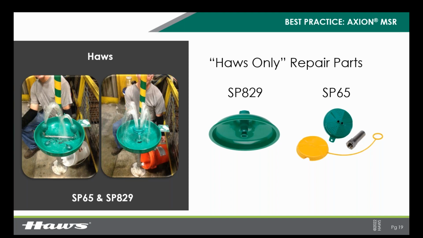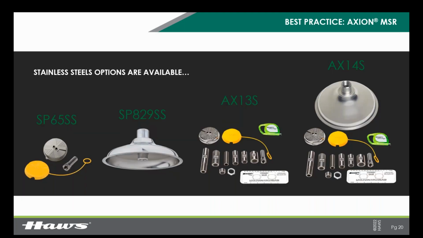So the SP829 shower head and the SP65 eye face wash head, we can bring outdated Haws equipment back into compliance as well. You can see here an uneven flow rate on the left, retrofitted with Axion, we're back into compliance. It also comes in a full line of stainless steel for those areas where corrosion issues are in the area. We have a full lineup of stainless steel parts as well.